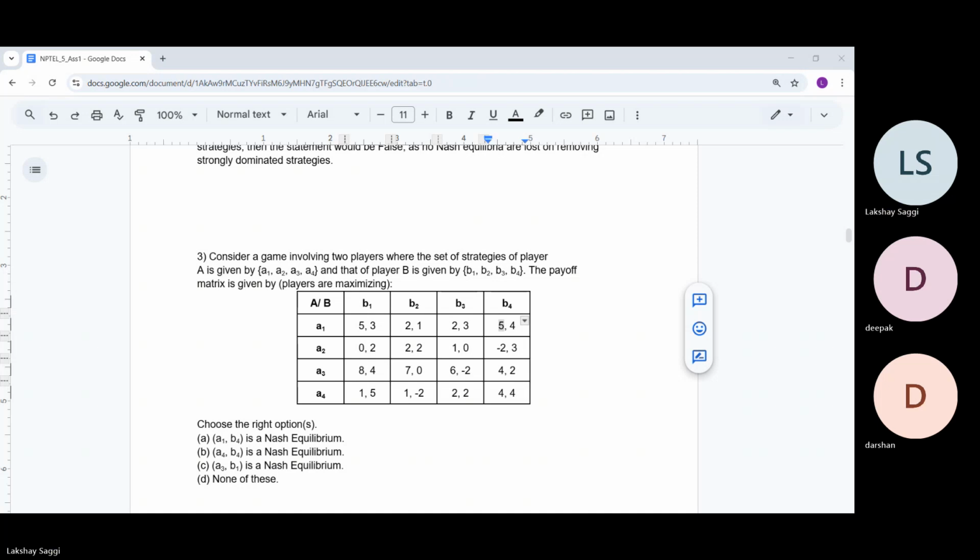So the main idea is that these are the strategies for A and these are the strategies for B, and this matrix is just denoting the pairs. Don't think of it as anything more.